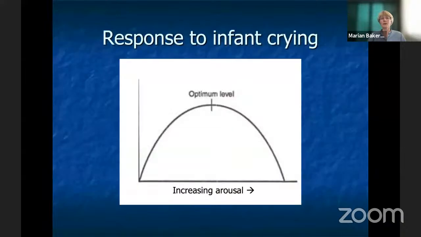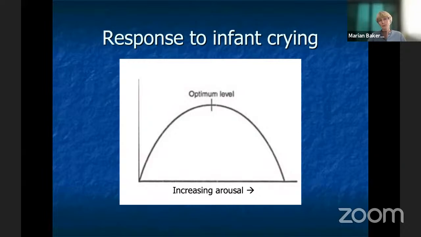So that means that the optimum level of adult arousal when exposed to infant cries may be in the middle. If you are not aroused at all, you don't do anything to comfort the baby, and there may be a dangerous situation, so you cannot check his survival. But if you're over-aroused and not charmed anymore by its wide eyes, you may also be triggered to rough handling, to harsh discipline.